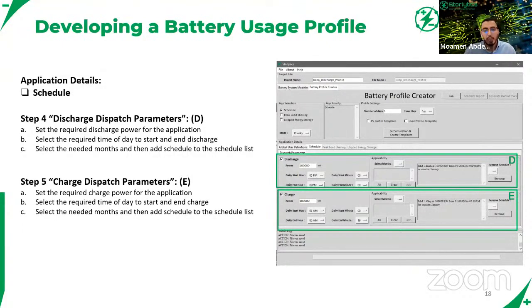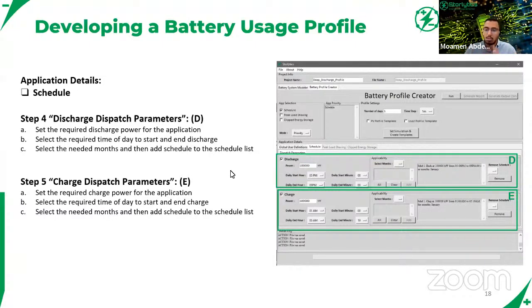is the schedule. You have to just input the parameters needed for the discharging and the charging tabs, where you can specify the power at which you want the battery system to discharge and to charge. So you can select the starting time and the ending time for discharging, and the same goes for the charging.